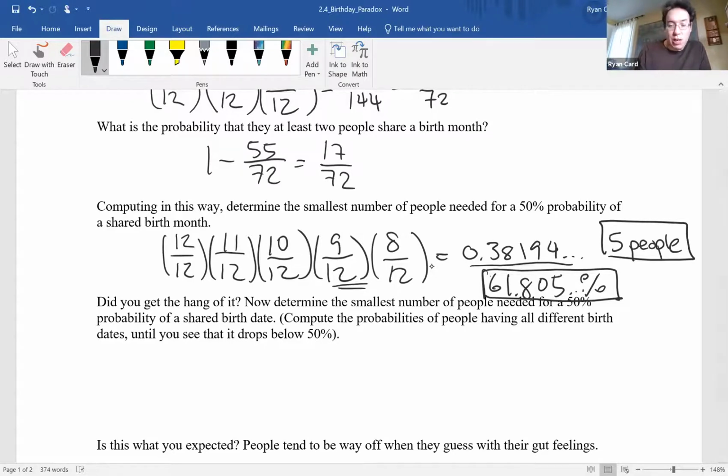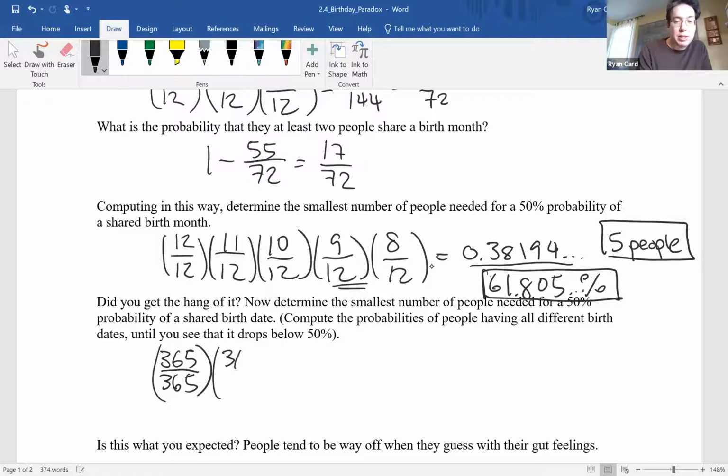Now I want you to try with birthdays. Let's just ignore people with leap year birthdays. The first person has probability 1 of being different, right? Because of all the birthdays available.